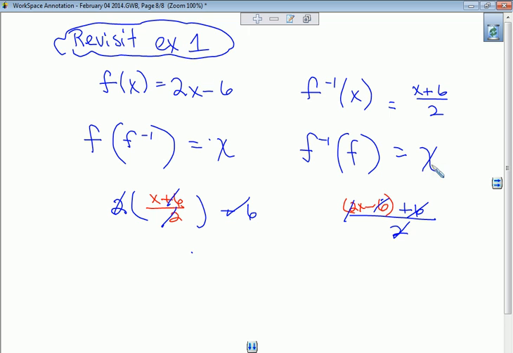No. Here, I took a function and its inverse, and when I did composition, each time I got x. Anytime you do the composition of inverses, the result will be x. And that proves, if you are asked to prove that two functions are inverses of one another, you use composition to prove.